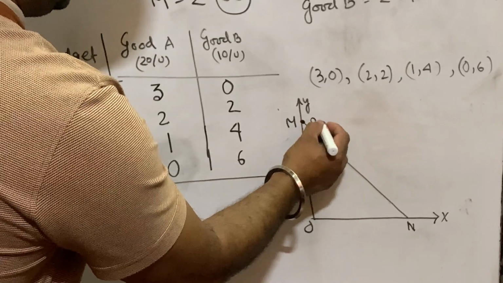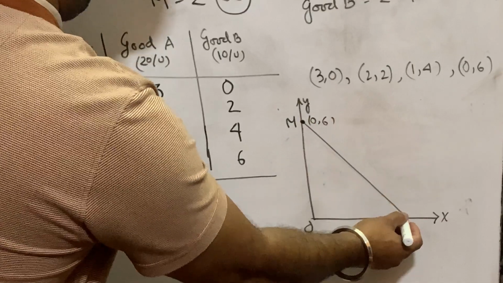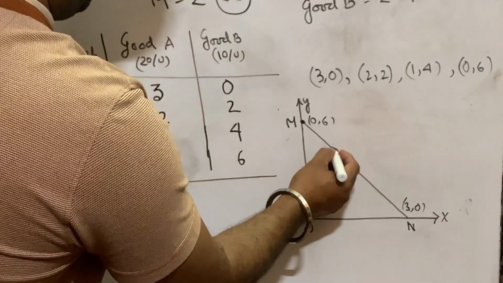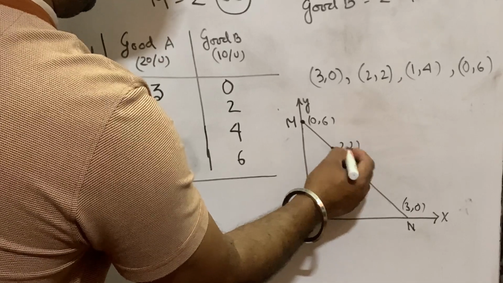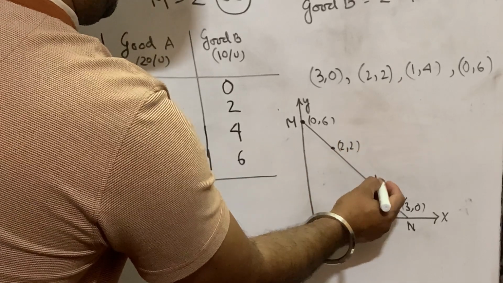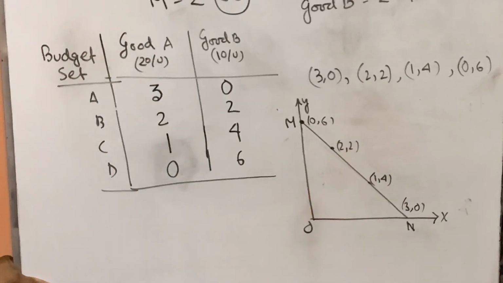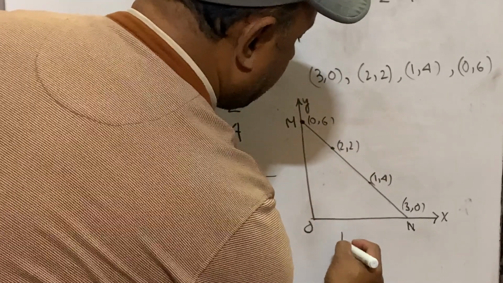This point is 3, 0. And in between, the other two points are 2, 2 and 1, 4. If we plot them, we will get this line. This is called the budget line.